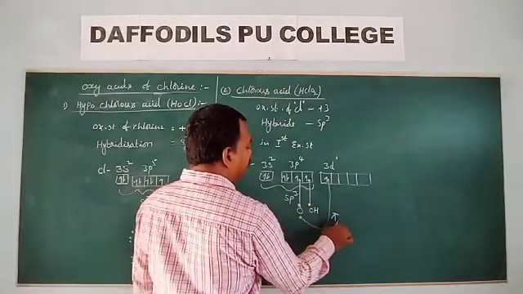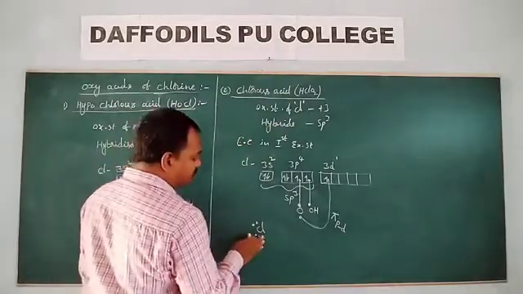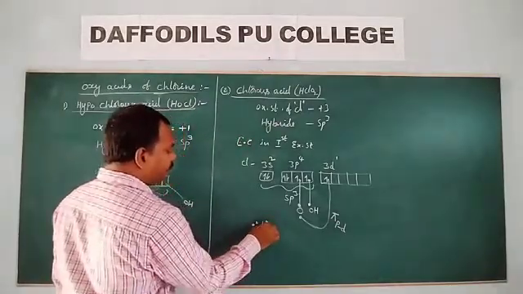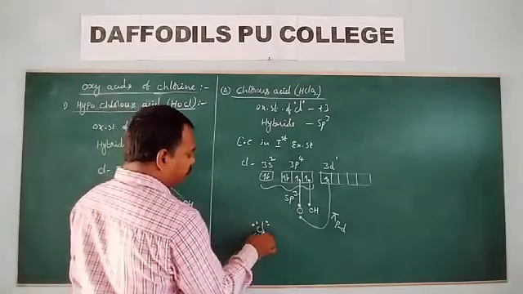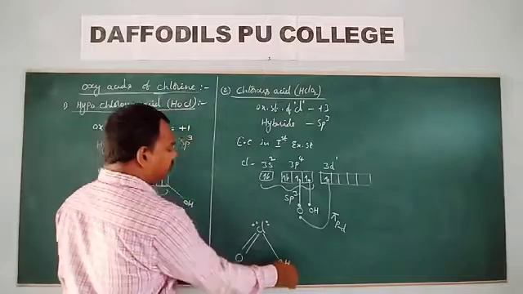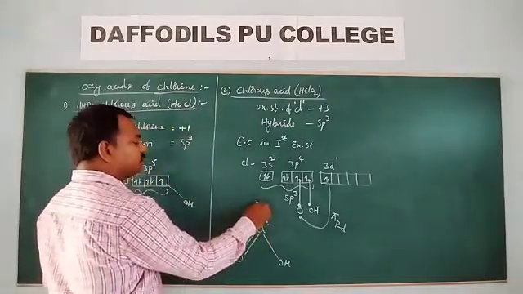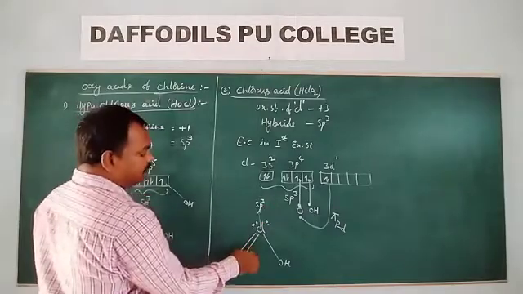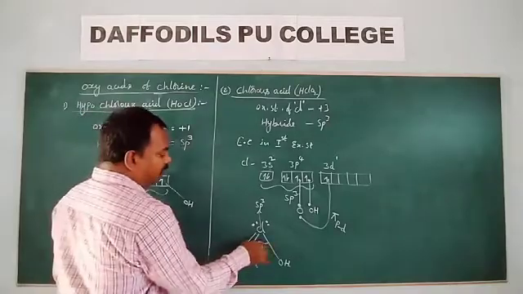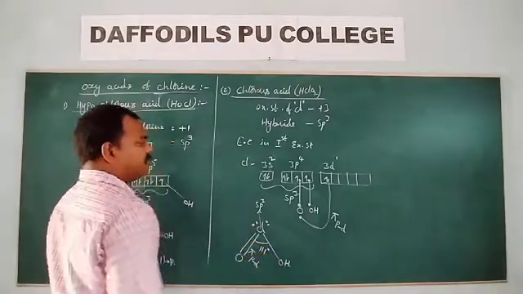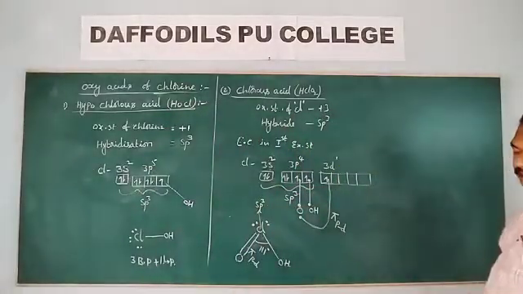So you get a pi bond, and this pi bond is a pi dp bond. The bond angle is 111 degrees. This is about chlorous acid.